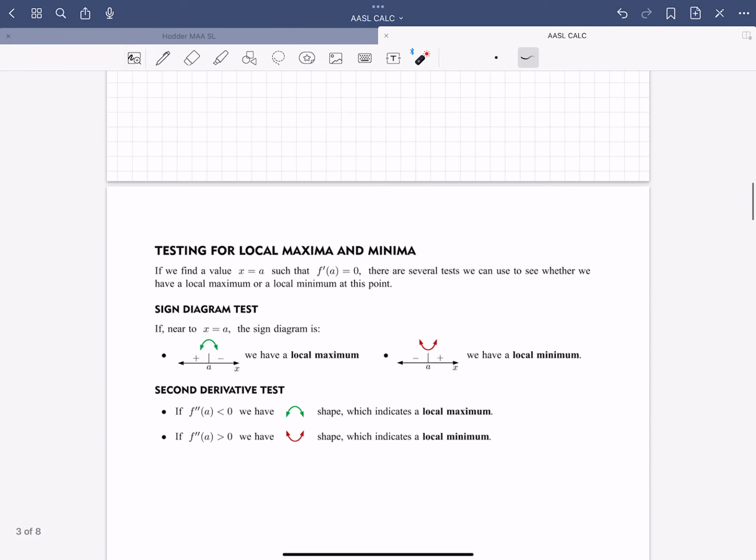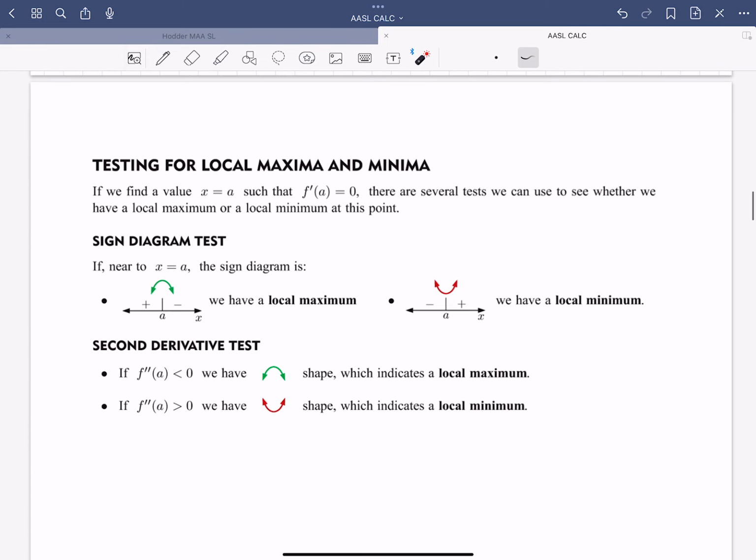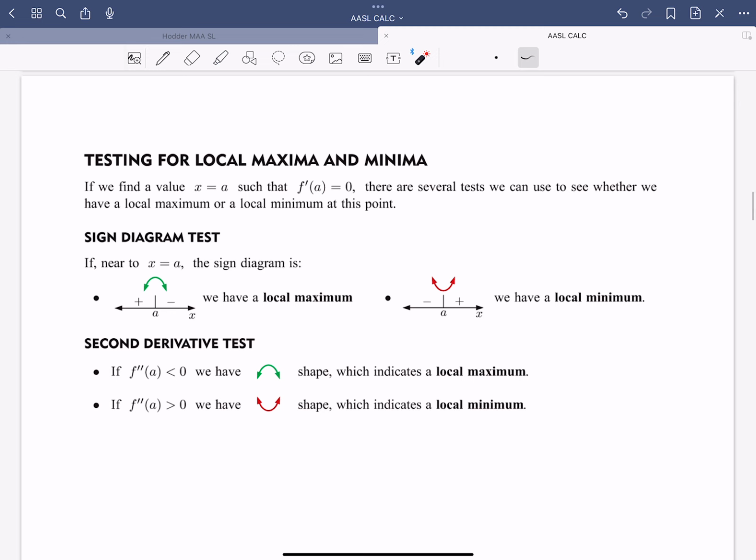All right, so I found this summary of what I just talked about. It does say it's a sign diagram test, but it's the first derivative test.